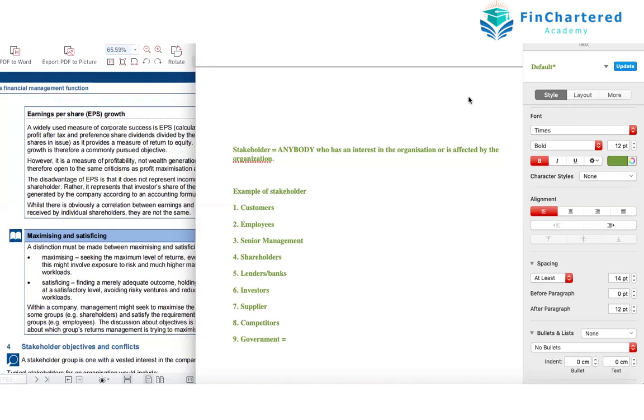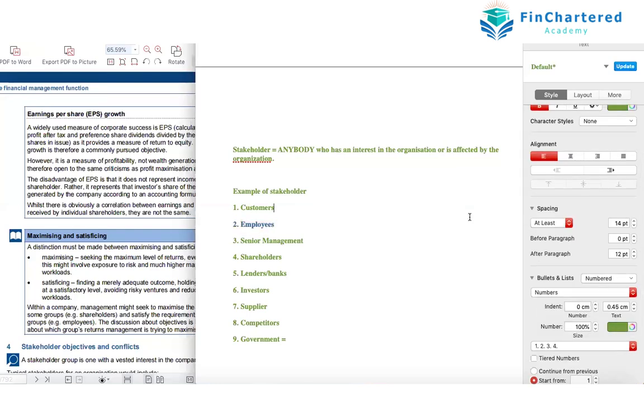For example, the employee. Whenever you come to Finchartered Academy, the staff here, Ashika, you can see in the office there are people sitting and working. There are how many people there? 3 people there working. The employees, the managers. I'm putting them in blue, okay?